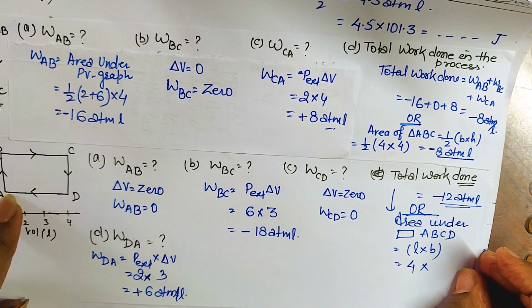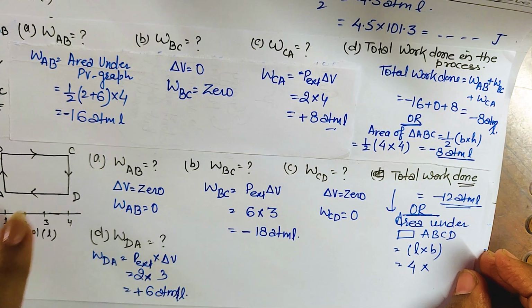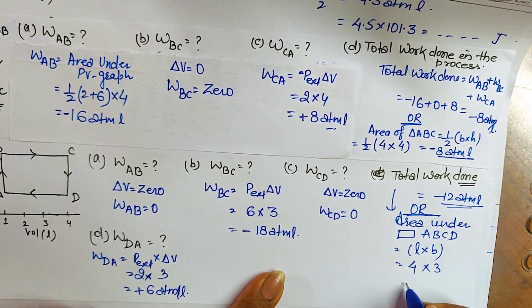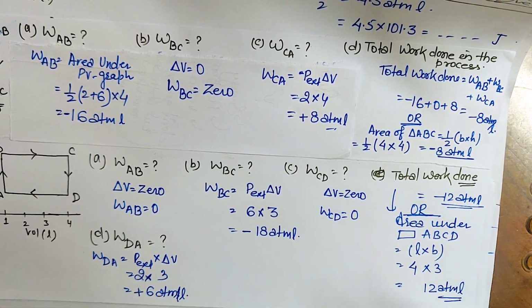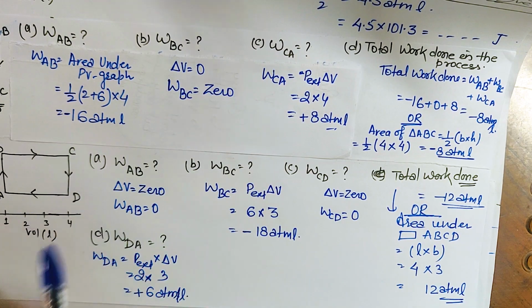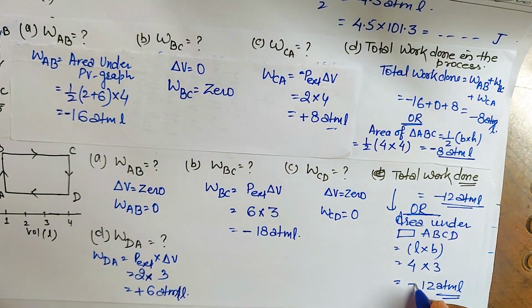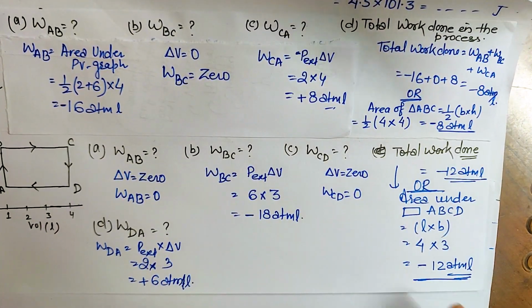And what is the width? This is the width, that is 4 and this is 1, it is 3, so it will be 12 atm liter. What will be the sign? Direction: since it is going clockwise, so that's why it is negative. We can check, we are getting the same values, isn't it?